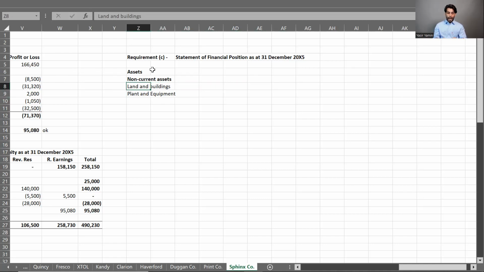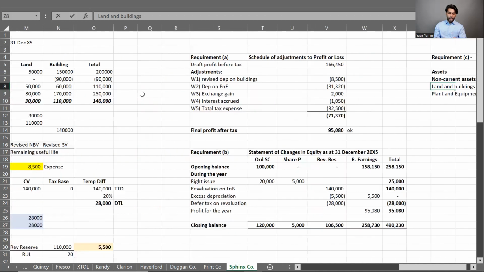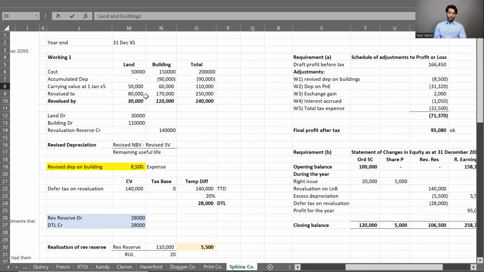Your land had a revalued value of 80,000. Remember, we revalued this land by 30,000. So your land has a value of 80K. Plus, you had a building revalued to 170,000.